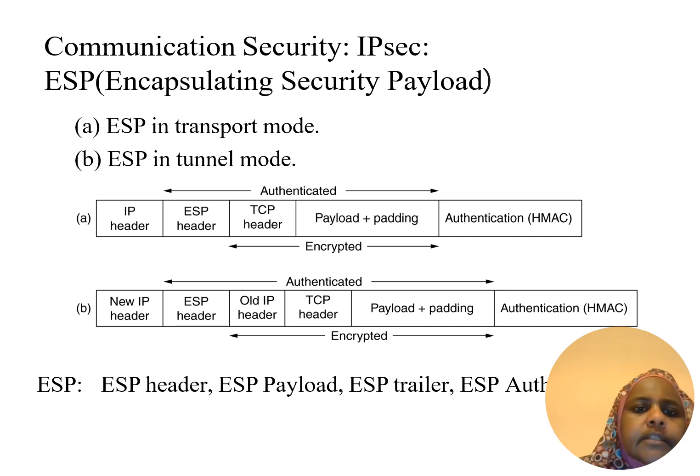In tunnel mode, the ESP header is inserted directly after the new IP header, before the old IP header, and all the fields from the ESP header up to the payload are authenticated, and from the old IP header to the end of the payload are encrypted.